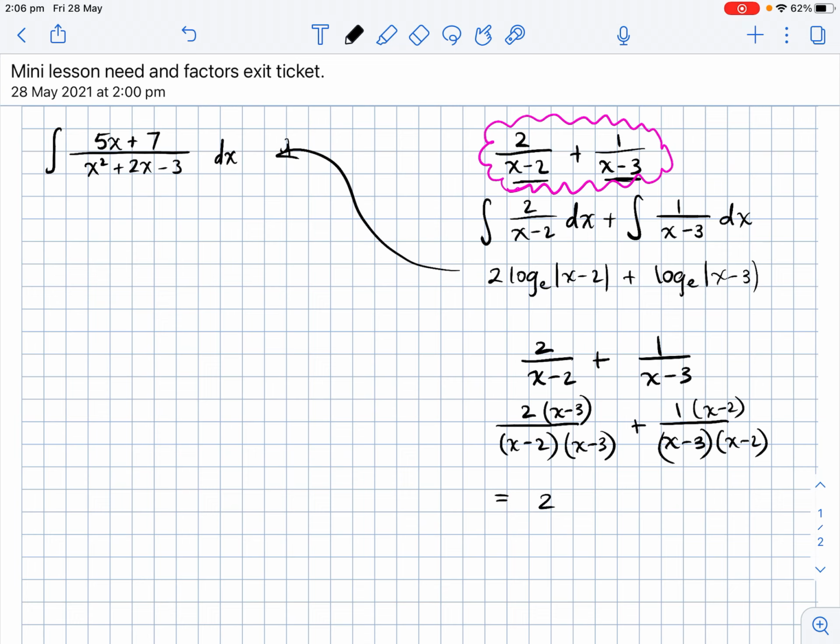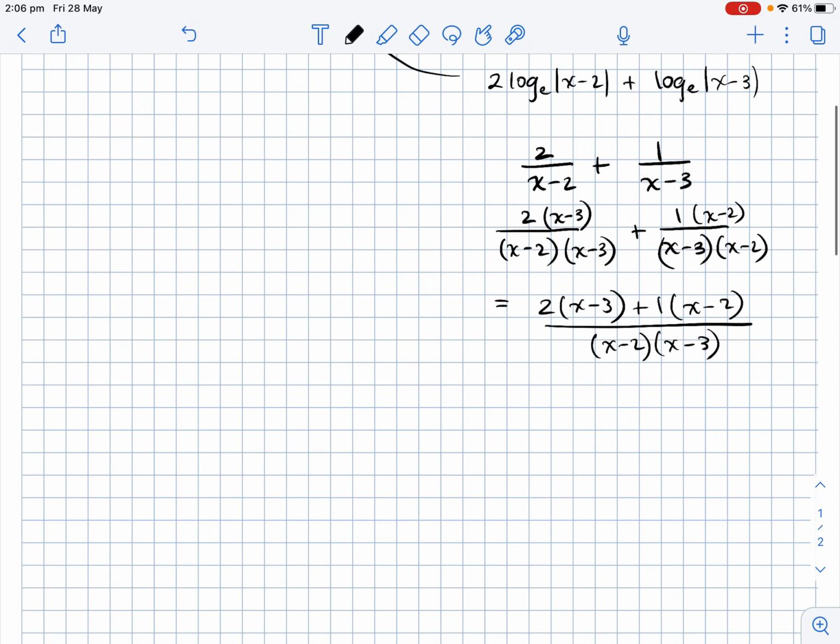And if we have that common denominator, we can now put my fractions together over the same denominator, like so. And then with some tidying up and expanding, it looks like this.